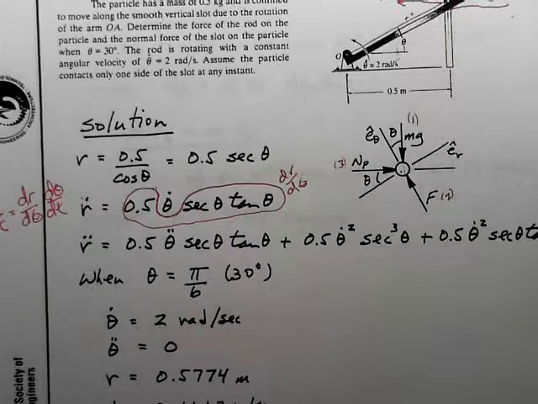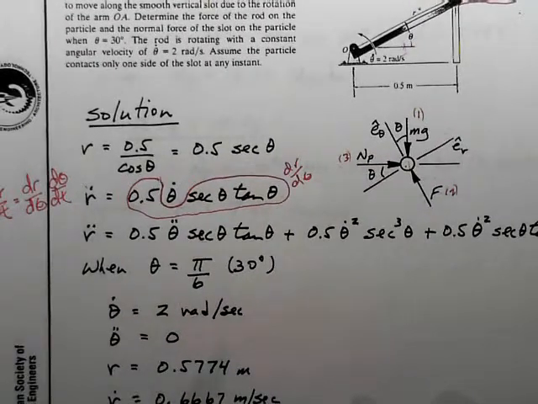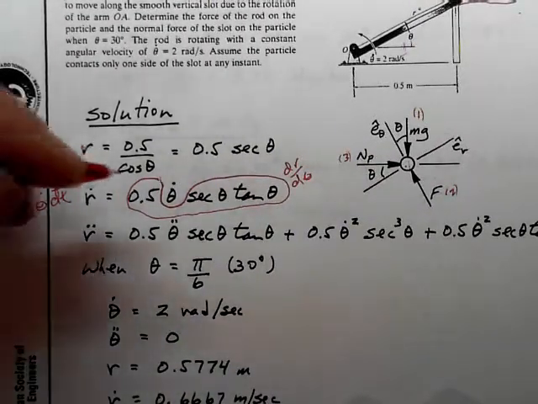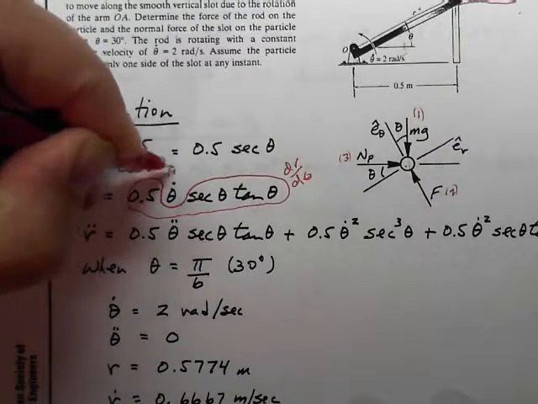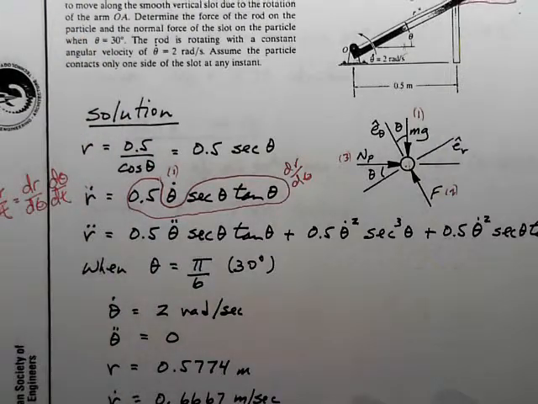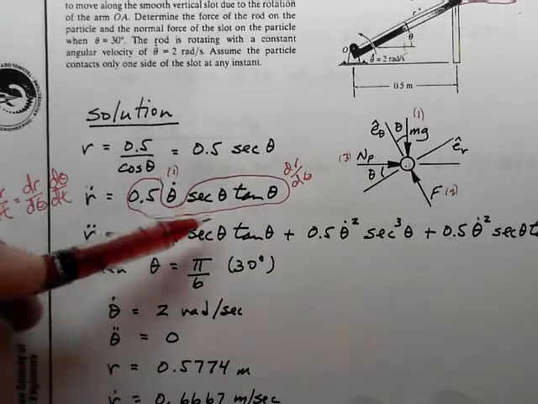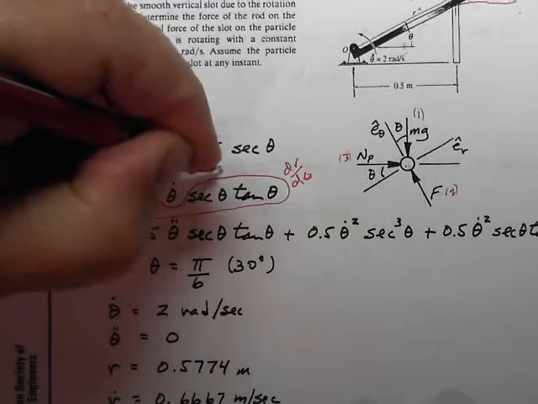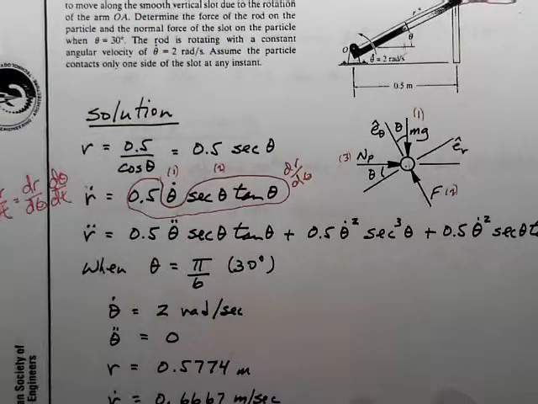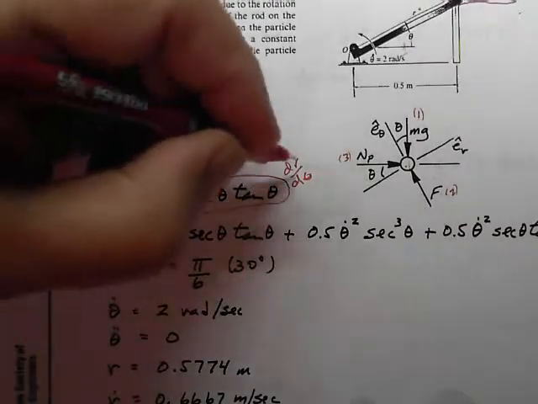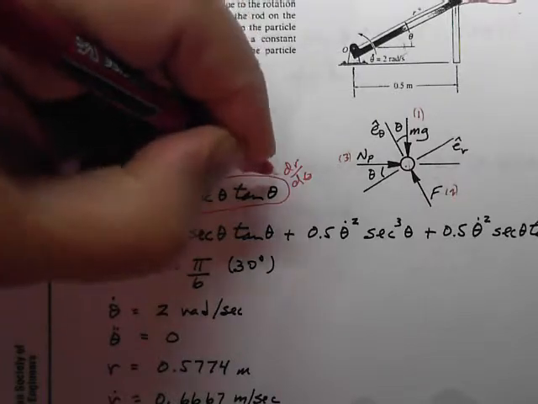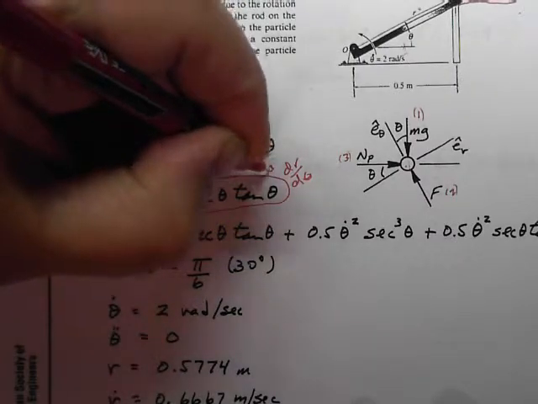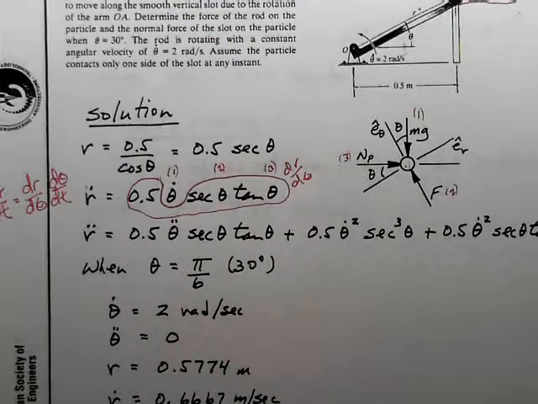And so the product rule says, first of all, go in any order you want, but let's first take the derivative of just the theta dot piece while holding everything else constant. Then we could take the derivative of the secant piece while holding everything else constant. And then we could take the derivative of the tangent piece while holding everything else constant.